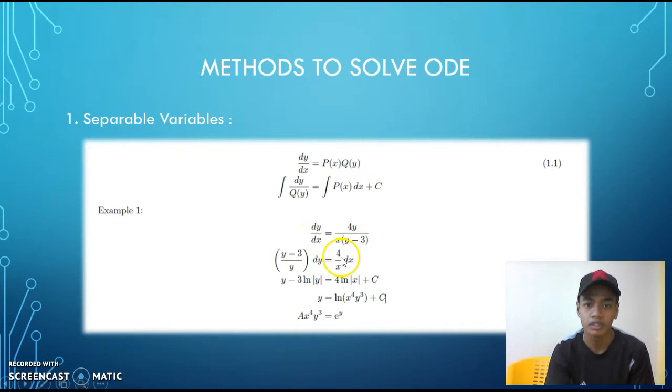Then we integrate both sides to get y minus 3 ln absolute y equal to 4 ln absolute x plus c. Then y equal to ln(x^4 y^3) plus c, and we can simplify to this form, which is x^4 y^3 equal to e to the power of y.